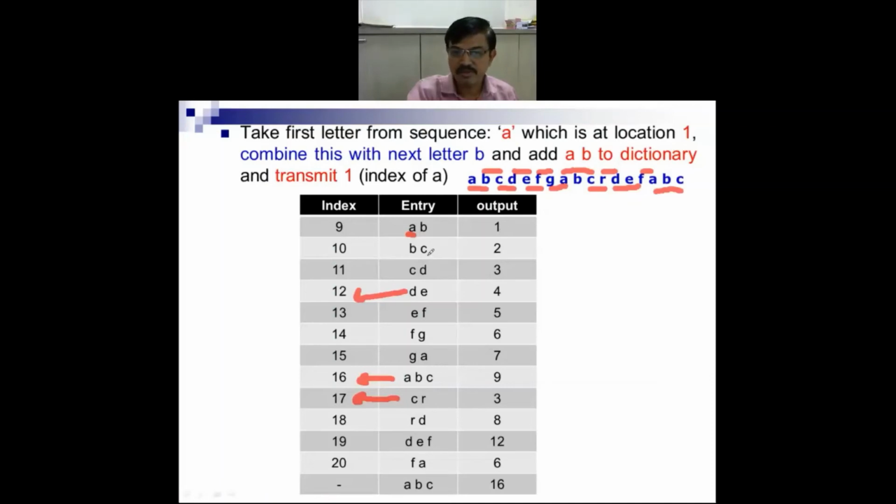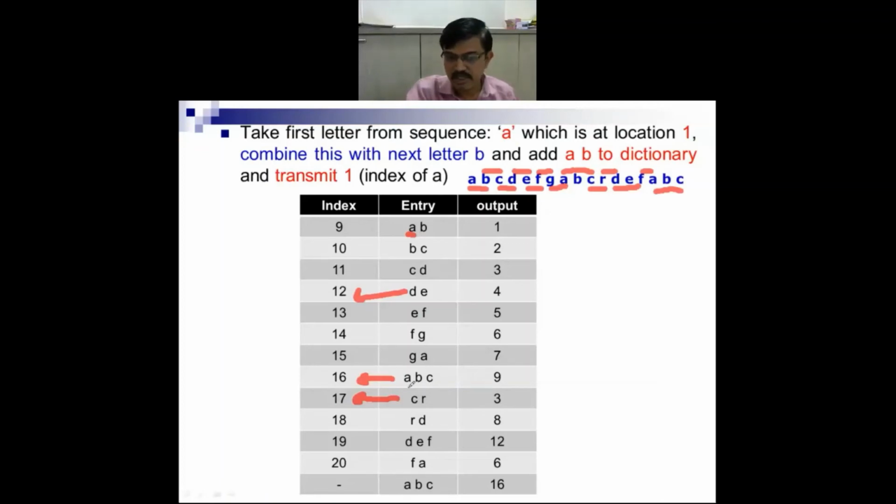B is my prefix for the second subsequence, B is located at 2, so my output is 2. Like that, C, D, E, F are located at 3, 4, 5, 6, even G is 7, so my output is 7. Now, I will focus here on ABC.